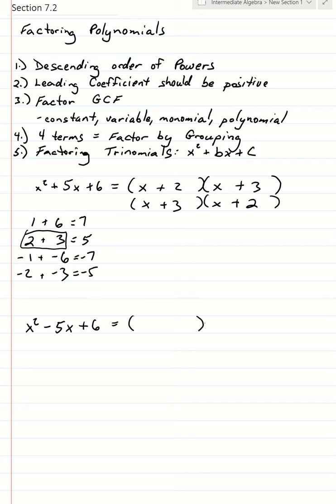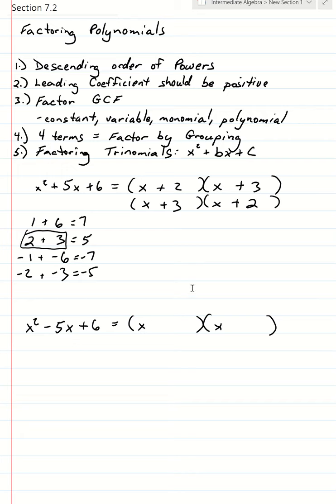And once again, we'll set up our parentheses. Once again, what would I have to multiply to form an x squared? But of course, we're going to put an x and an x. Now, I've already listed above, and I left them there for us to take a look at. I need, once again, the same factors of 6, but now they have to add up to a negative 5.